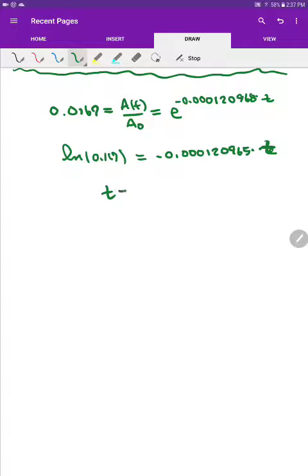So therefore t equals 33,830 years. And that's where I'm going to stop this one.